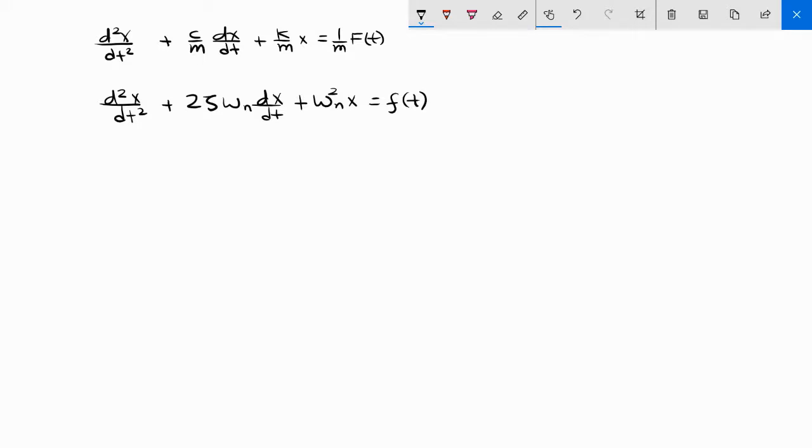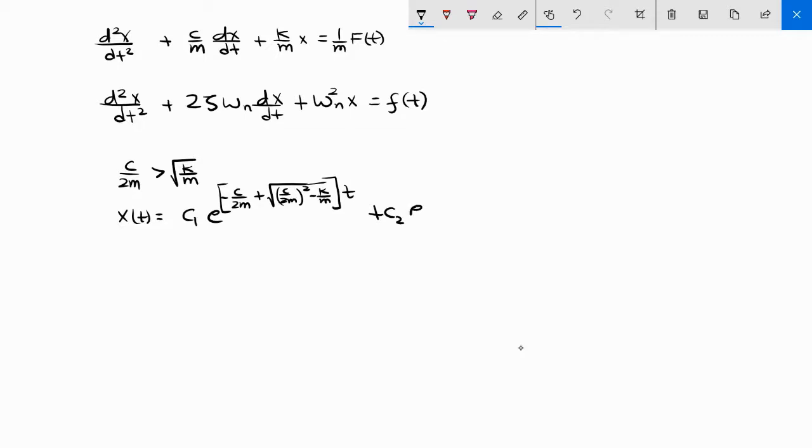So possibility number one was if c over 2m is greater than square root of k over m, then we get x as a function of time equals c1 e raised to the power minus c over 2m plus square root of (c over 2m) squared minus k over m, multiplied by t, plus c2 e raised to the power negative c over 2m minus square root of (c over 2m) squared minus k over m, multiplied by t, and we said this results into overdamped exponentially decaying motion.